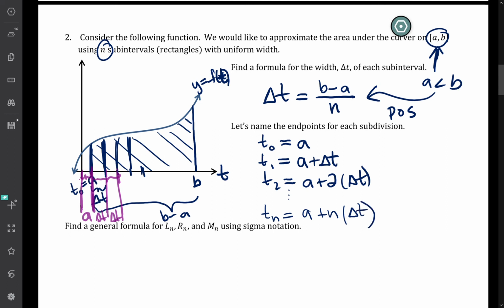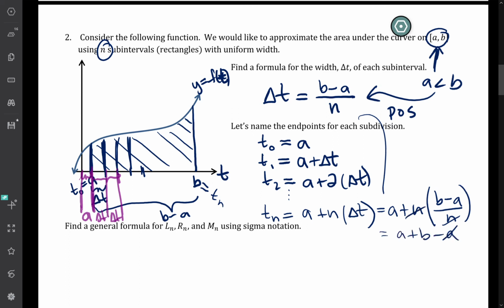We want to be a little careful about this, because what we'd really like to see is that t sub n is the last one, so it should happen at b. We can use our formula to check and see if we successfully made that happen. If we do n delta t's, that's like taking n times (b minus a) over n, and notice the n's cancel, and the a's drop out, and we really did get t sub n equals b.